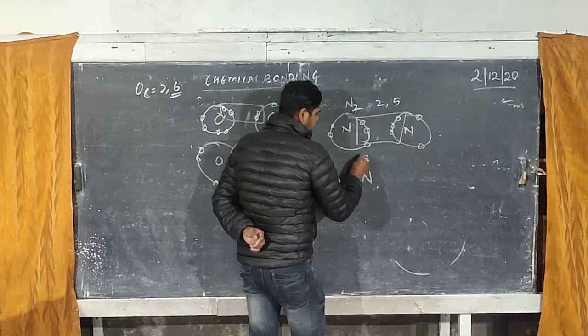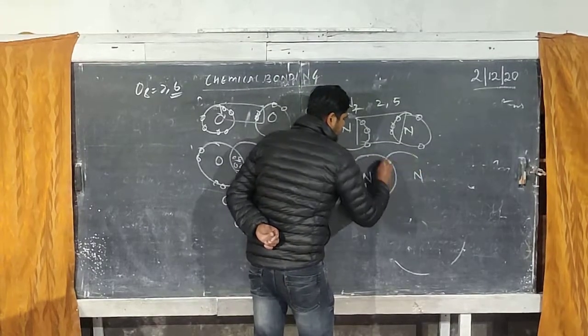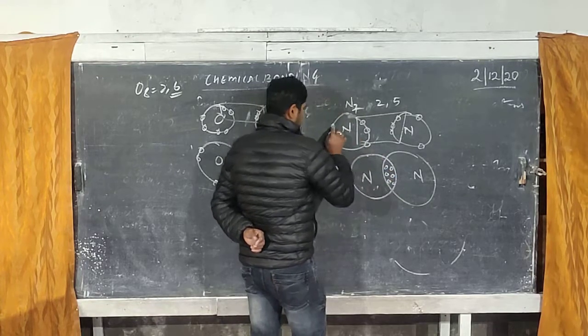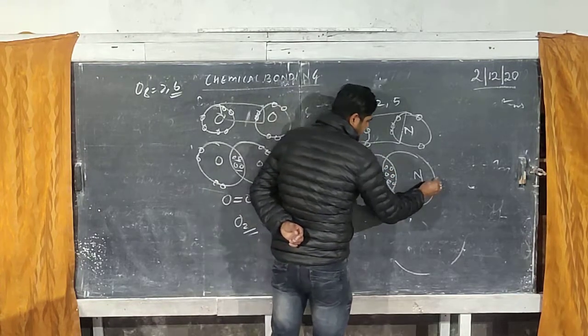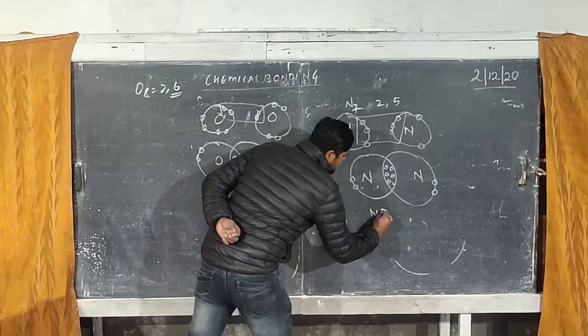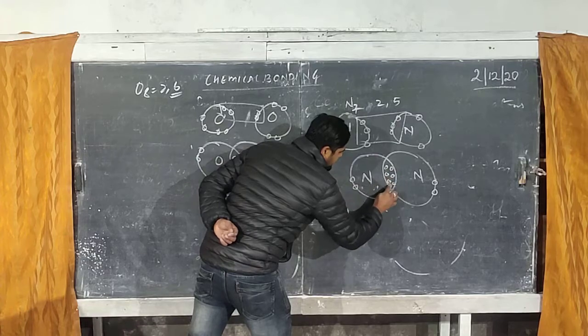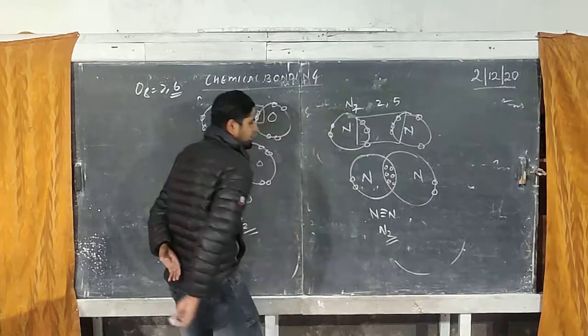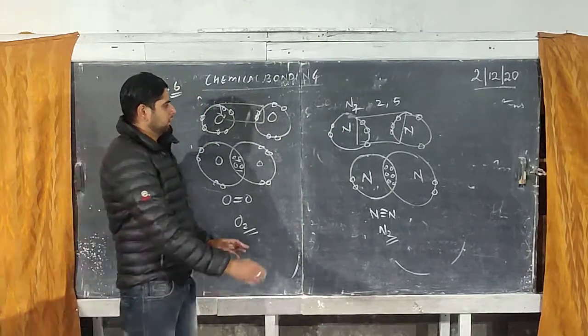So nitrogen, another nitrogen, sharing 1, 2, 3. Unshared as it is. So nitrogen, first, second, third, 3 bonds. So N triple bond N. This is N2 gas formed like this. Sharing of electrons.